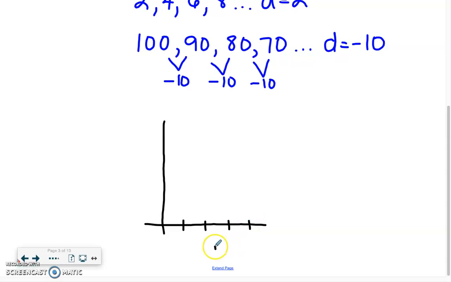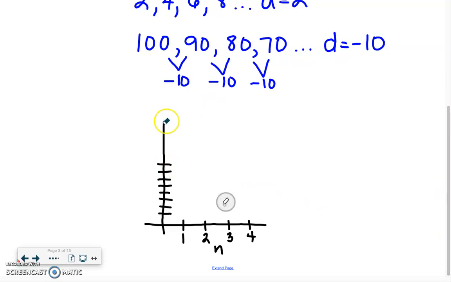Those will be what are called n values, and those represent the first term, second term, third term, fourth term in my sequence. And then I'm just going to count by ones over here.